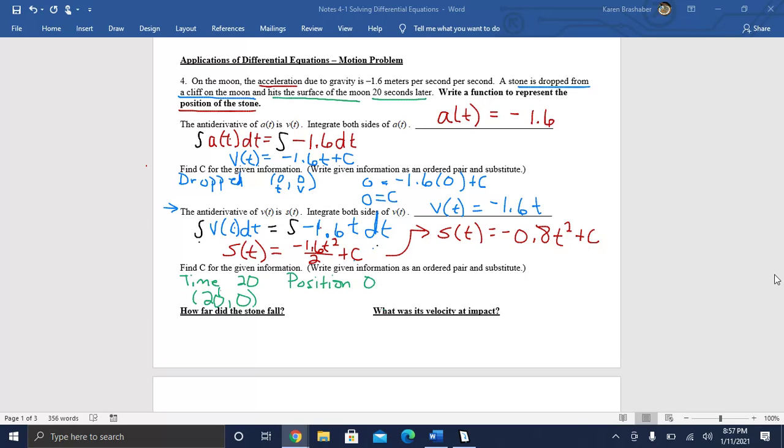So your 20 is your time, your position is the 0. We'll substitute that in. 0 equals negative 0.8 times 20 squared plus c. And solving that, you get that c equals 320.